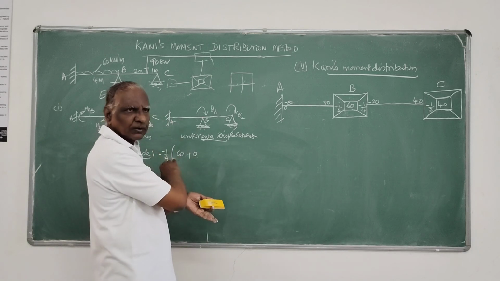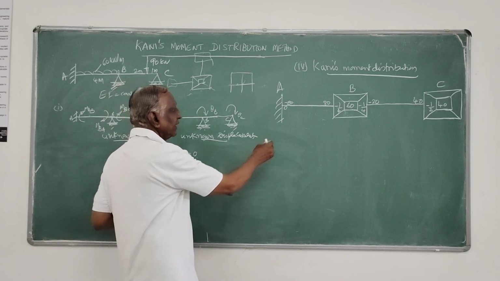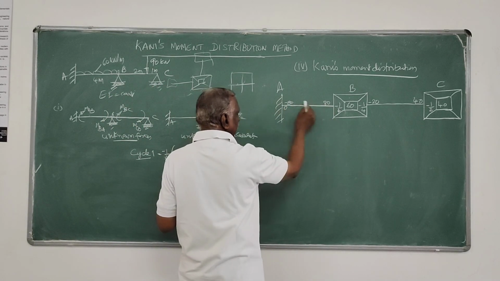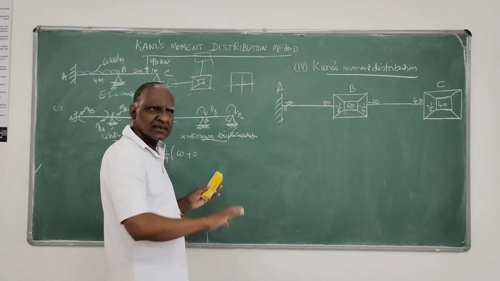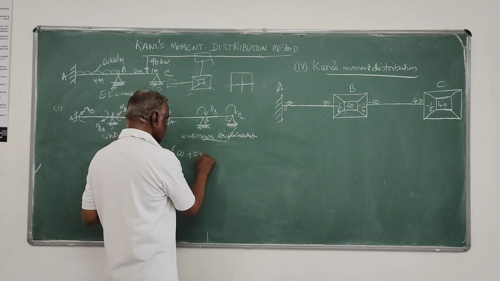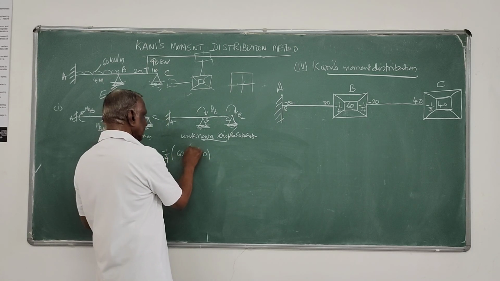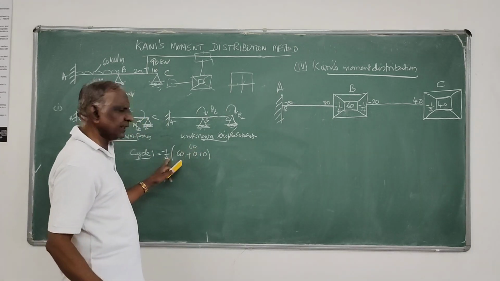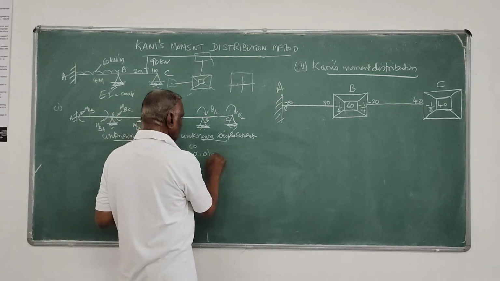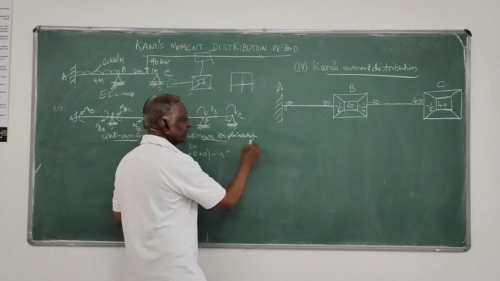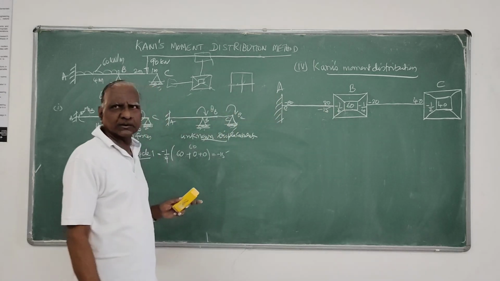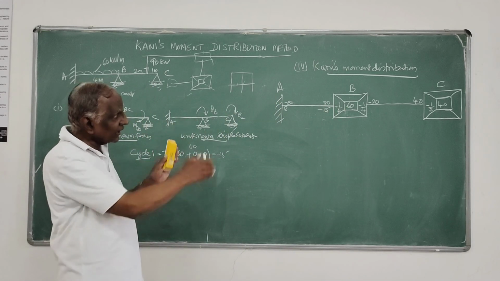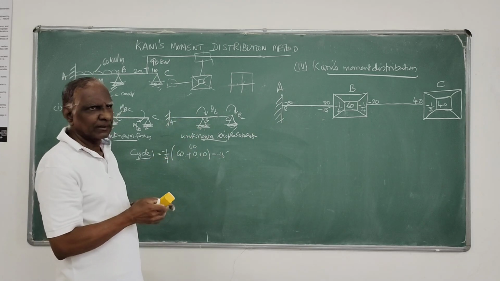Then rotation contribution from the further end. Further end for this member BA, it is this. So rotation factor is 0. That's also 0. So this sum is 60. 60 into minus 1 by 4, that is minus 15. That is the rotation contribution or moment due to rotation at the end B.